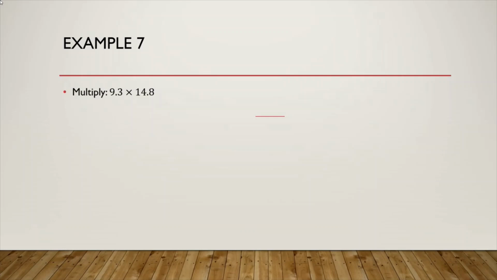All right, example number 7 is multiplication. When it comes to multiplication, you don't necessarily have to line up the decimal. What you want to do is line up the digits. So here I'm going to go a little faster. You're going to do 3 times 148.